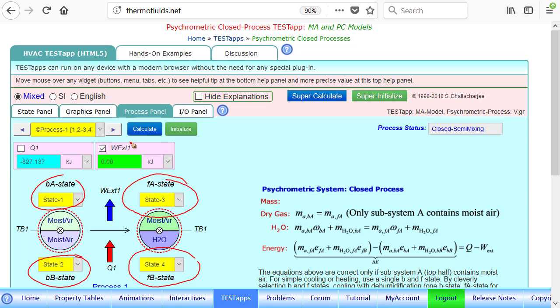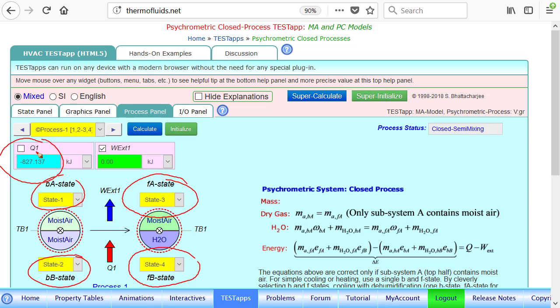We put work transfer to be 0. There is no work transfer. Notice we calculated a heat transfer. In other words, for the final temperature to be 10 degrees Celsius, 827 kilojoules of heat must be lost. We must cool the tanks to achieve 10 degrees Celsius. In reality, we are not cooling the tank. Q should be 0. If Q was 0, then we would have said we got the correct answer.